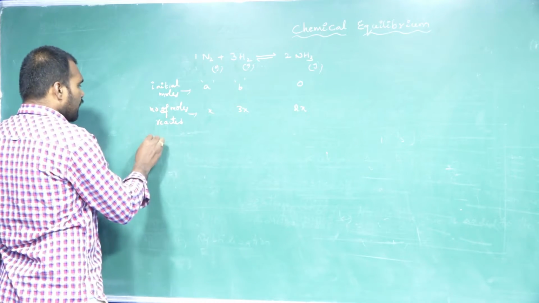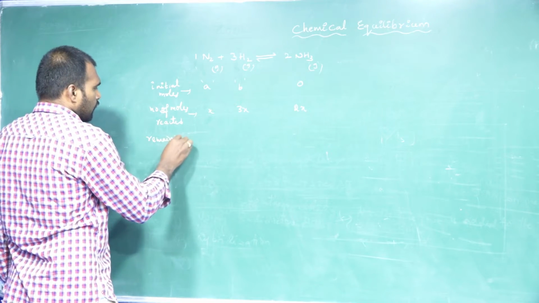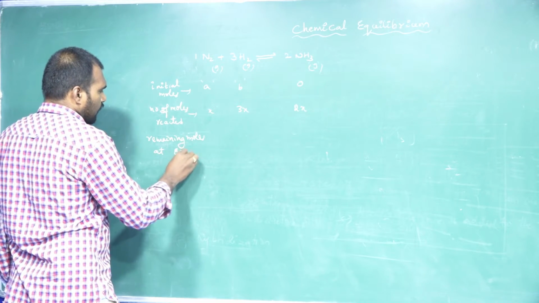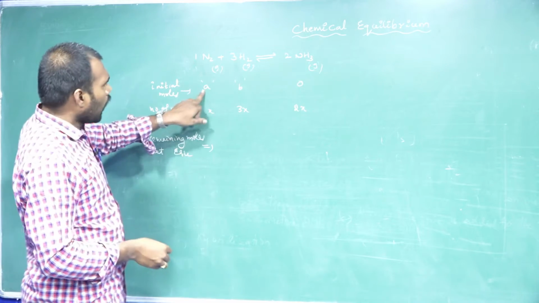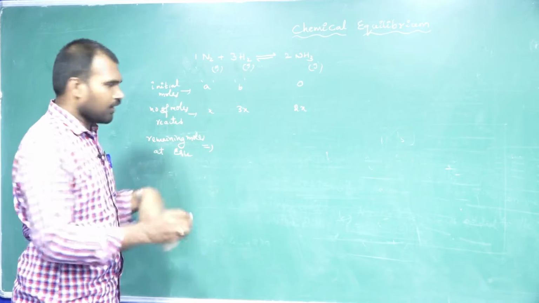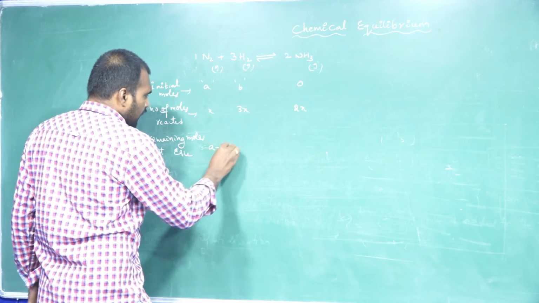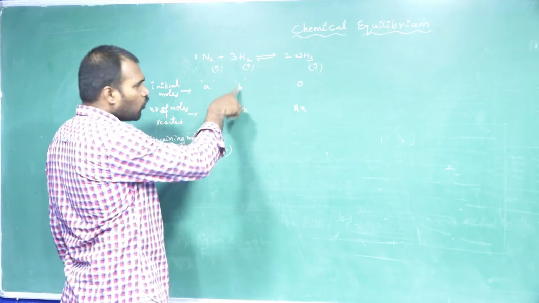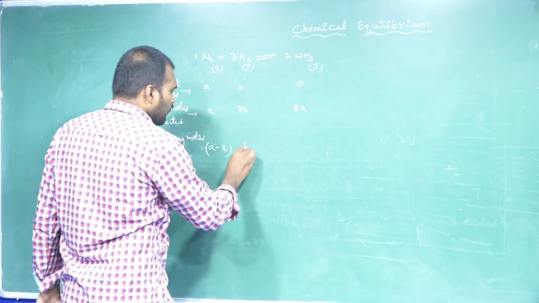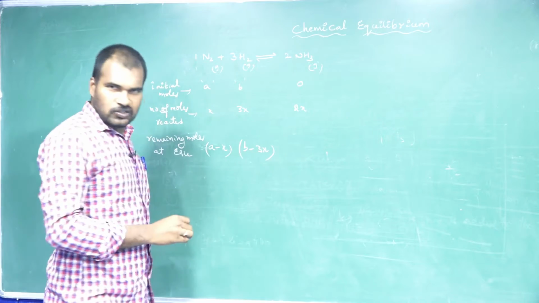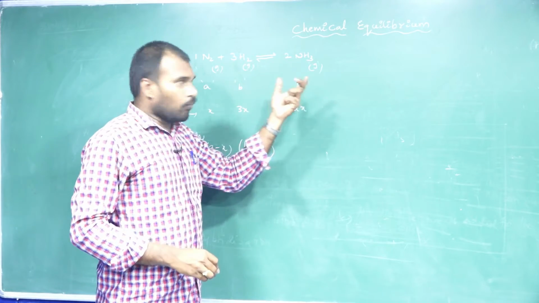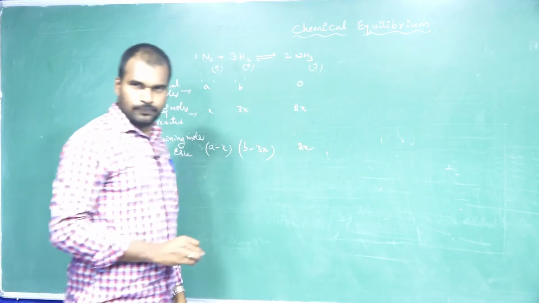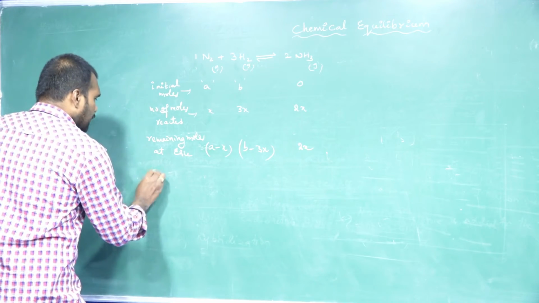Then what are the remaining moles at equilibrium? Out of total A, X moles reacted, so remaining moles of nitrogen will be A minus X. For hydrogen, out of total B, 3X moles reacted, so the remaining moles will be B minus 3X. And 2X moles of ammonia are produced. Then their active masses.